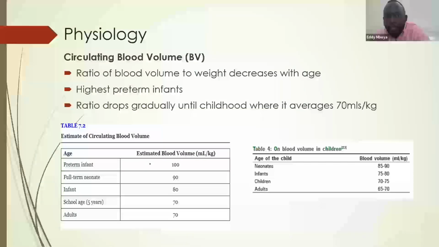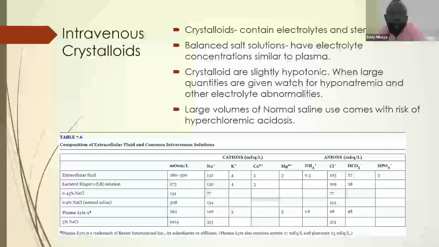Then just to talk about some of the fluids we use in theater or perioperatively. We have crystalloids. These are quite common. Generally, crystalloids contain sterile water and electrolytes, and they come in different compositions and different osmolarities.